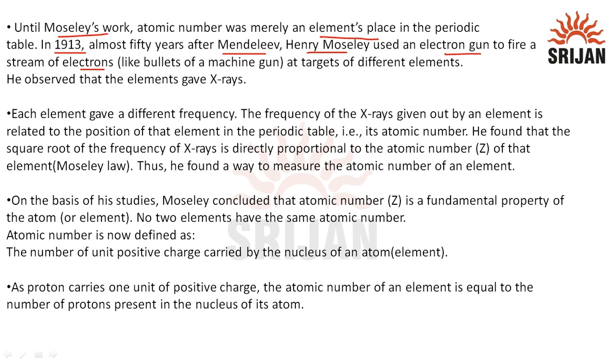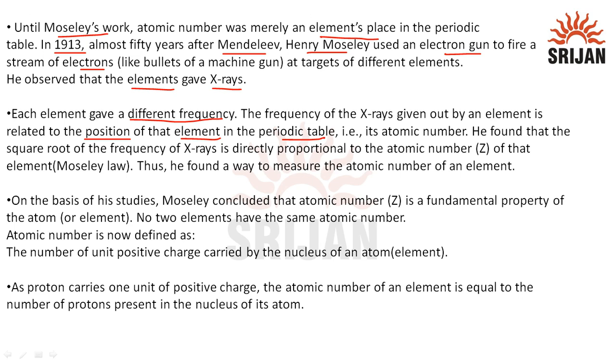He observed that these elements gave off X-rays, and each element gave a different frequency. On the basis of the frequency of the X-rays given out, it is related to the position of that element in the periodic table, that is, their atomic number.